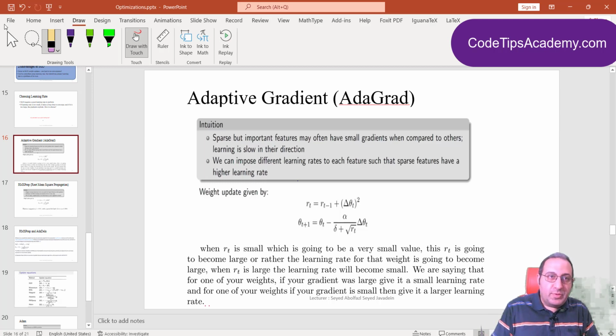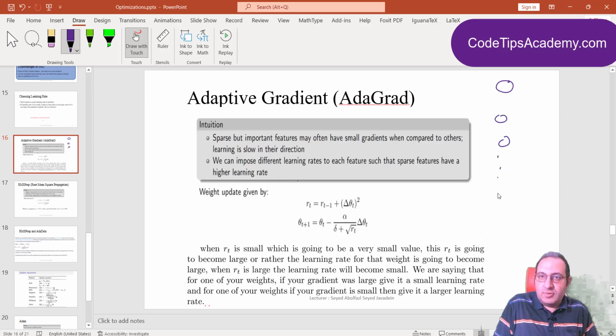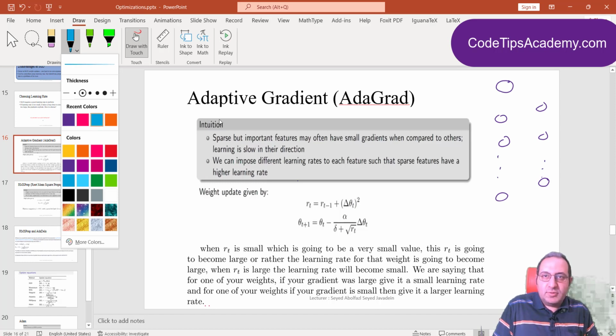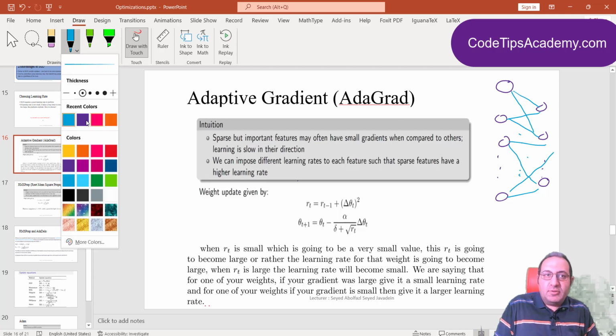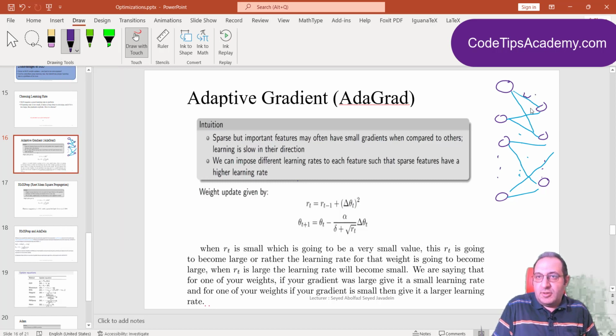For example, if we have this layer with some neurons and another layer with these neurons, and we connect these neurons together with some weights, the idea behind AdaGrad is that I want a different learning rate for these two weights, W1 and W2.